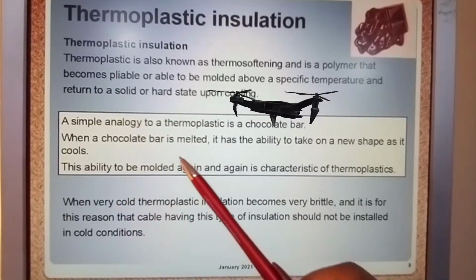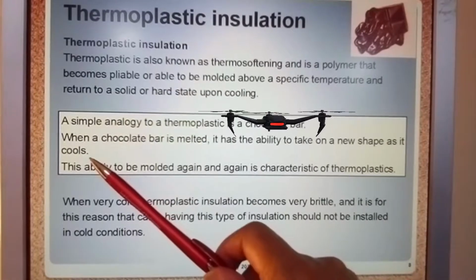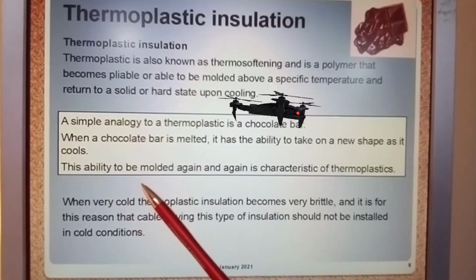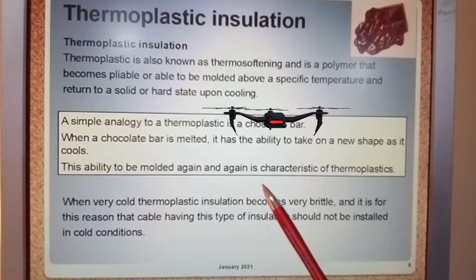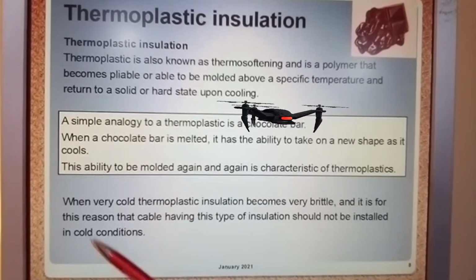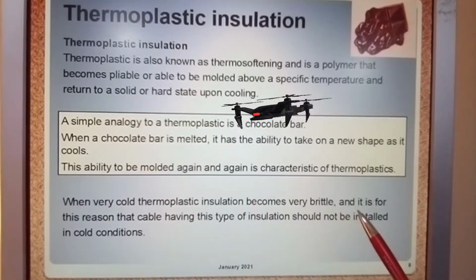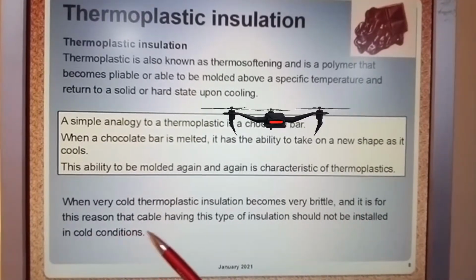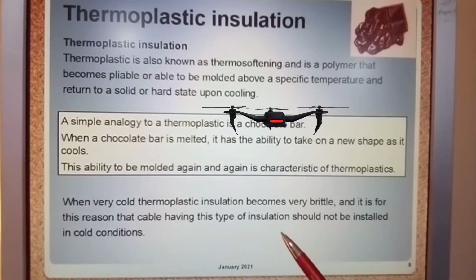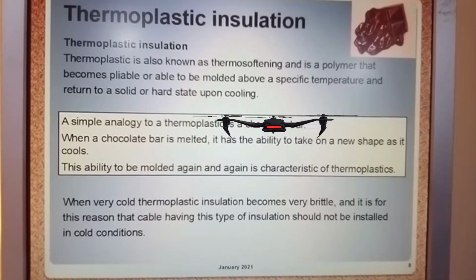When a chocolate bar is melted, it has the ability to take on a new shape as it cools. This ability to be molded again and again is characteristic of thermoplastics. When very cold, thermoplastic insulation becomes very brittle, and it is for this reason that cable having this type of insulation should not be installed in cold conditions.